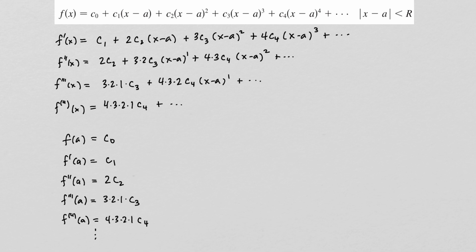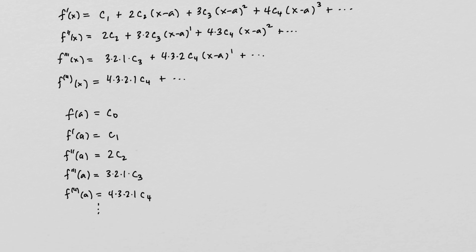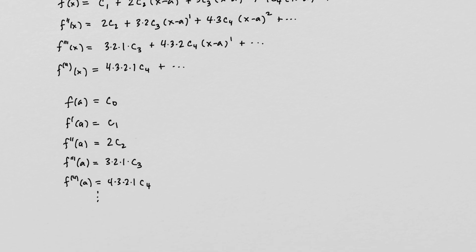And this pattern continues. So if you were going to make a guess, would you be able to guess what the fifth derivative at a would be? Well, if you look at the pattern here, it seems that it would be 5 times 4 times 3 times 2 times 1 times c5. And I want you to notice that this is the same as 5 factorial times c5.